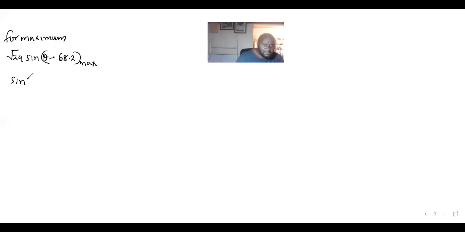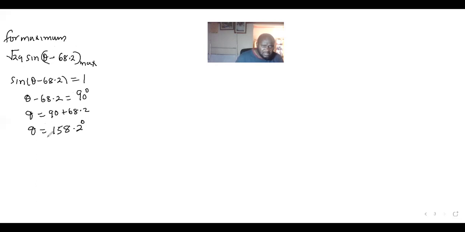The maximum value of sine is 1, so get the inverse: theta minus 68.2 occurs at 90 degrees. But theta is supposed to be 90 plus 68.2, so it occurs at 158.2 degrees. That is the angle at which it occurs.